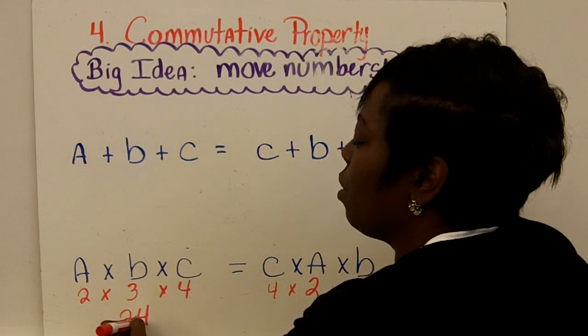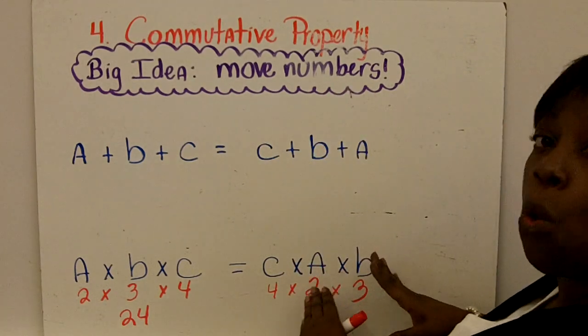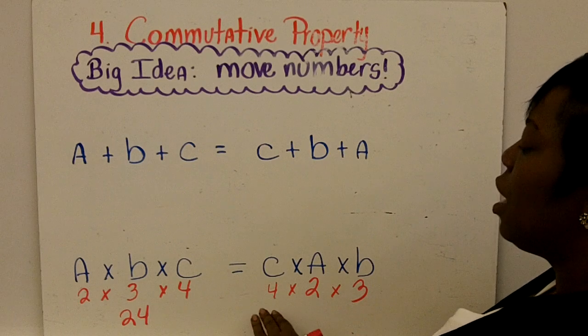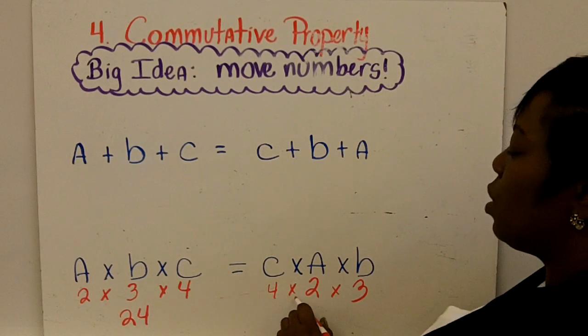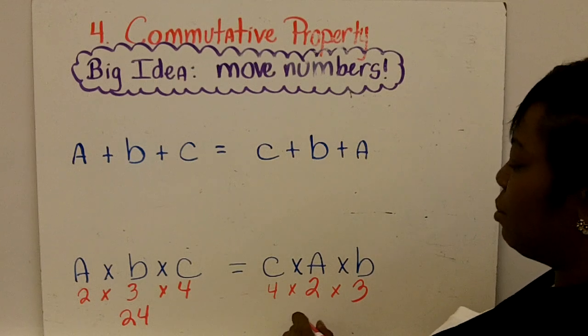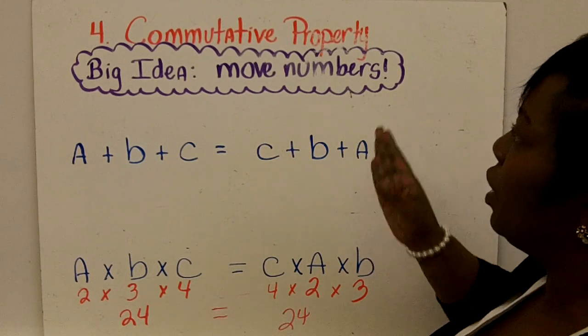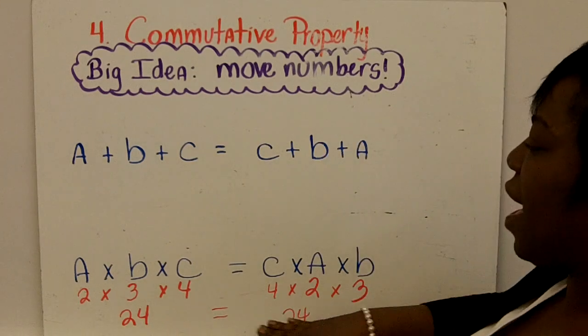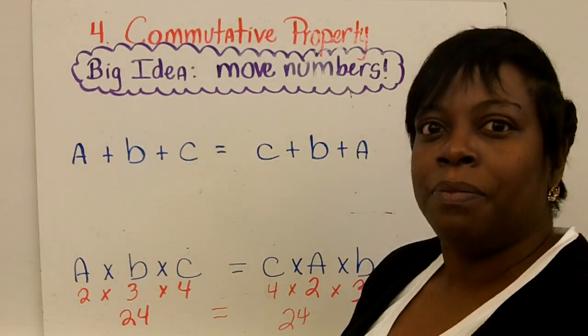This side is 24. Now, the commutative property says that it does not matter about the order of the numbers. We can still multiply and get 24. So 4 times 2 is 8, and then 8 times 3 is, in fact, 24. So as you can see, moving the numbers does not affect the value. Both expressions are, in fact, equal.